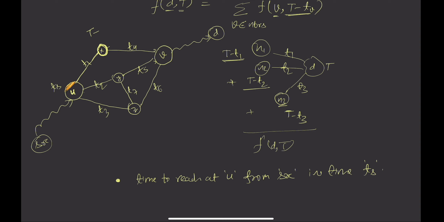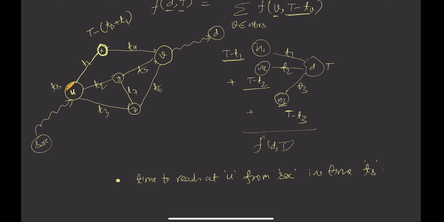So the total time is capital T minus ts plus t1.